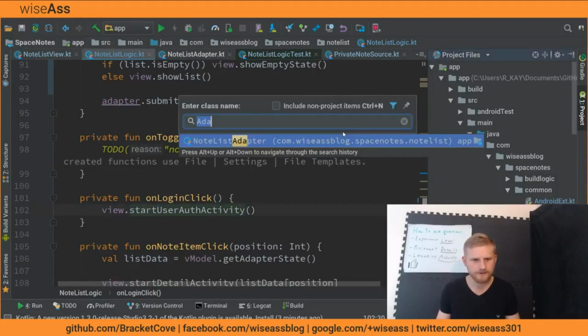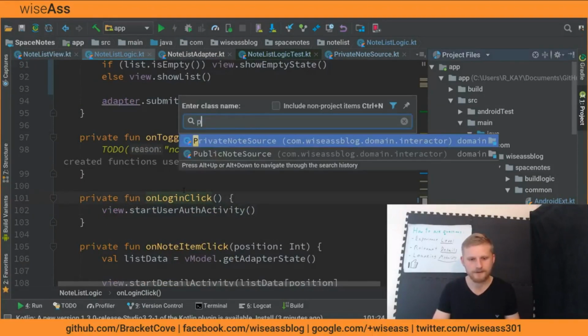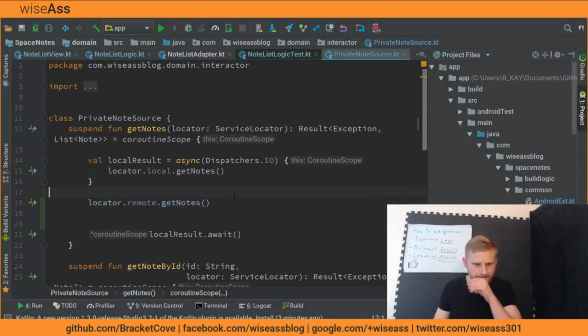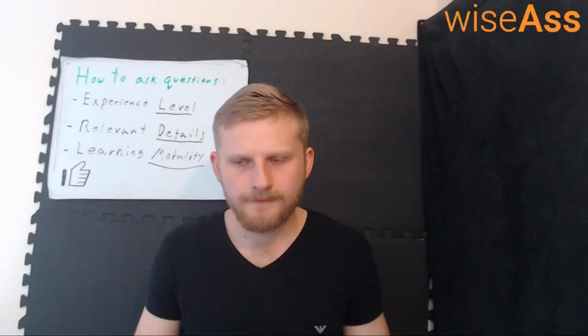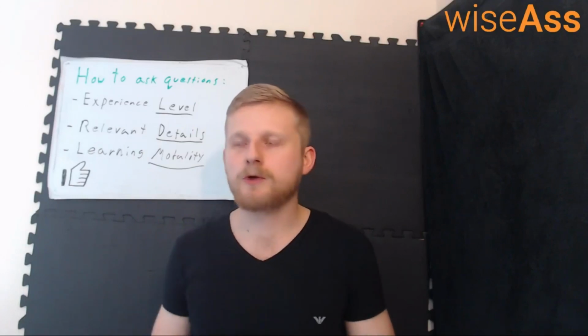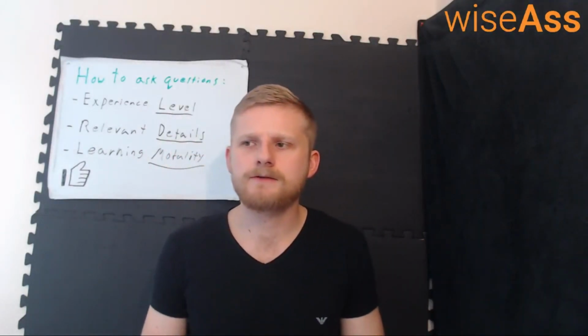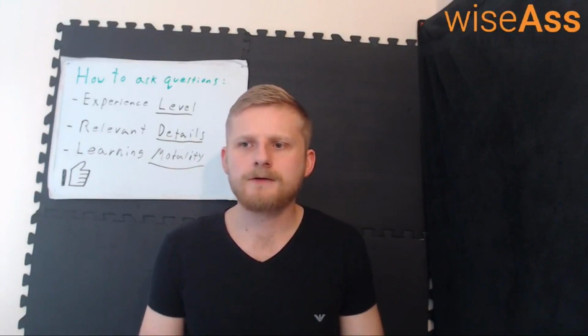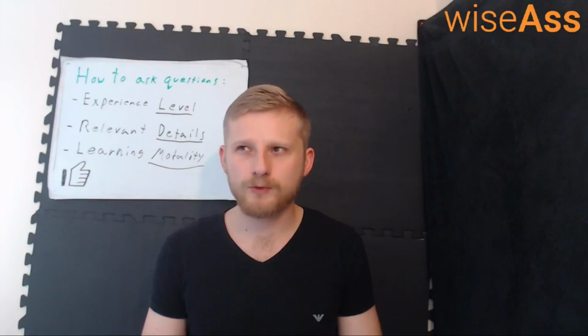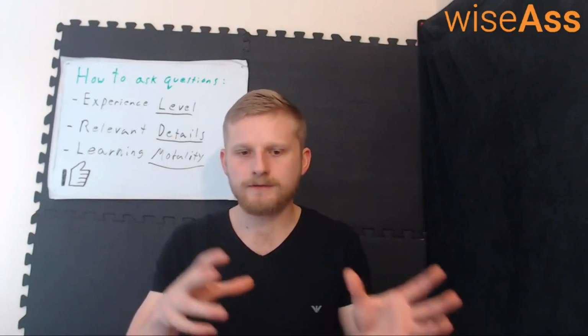Let's hop into the private note source. So I was working with channels and the channel coroutine, and one of the problems I was running into is that in order to access data from Room, I had to switch threads.